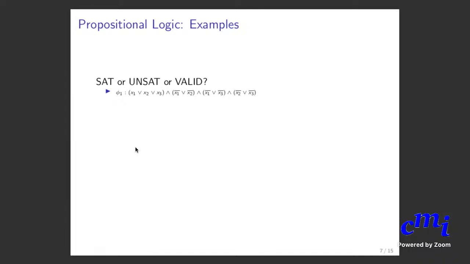And what is a possible satisfying assignment? So if X1 is true, X2 has to be false, and X3, so once X1 is true, you don't care what X3 is, so these two can be made to be true.